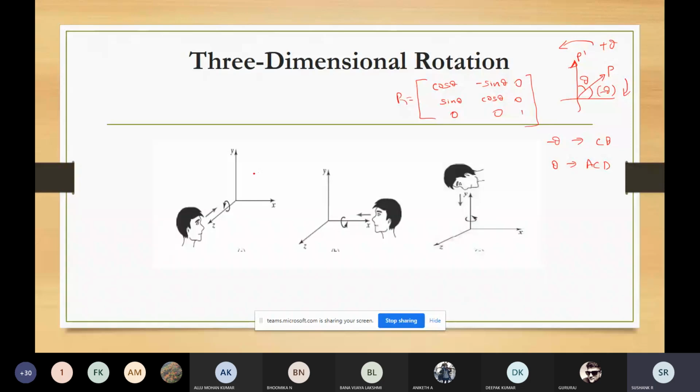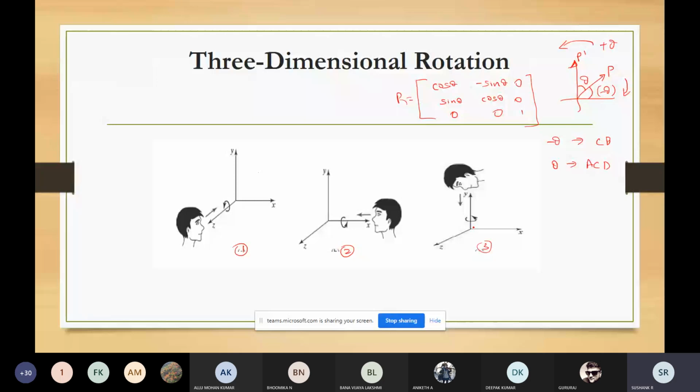In image one, the person is looking parallel to the z-axis and towards the origin. In image two, looking parallel to the x-axis and towards the origin, and in image three, parallel to the y-axis, towards the origin.